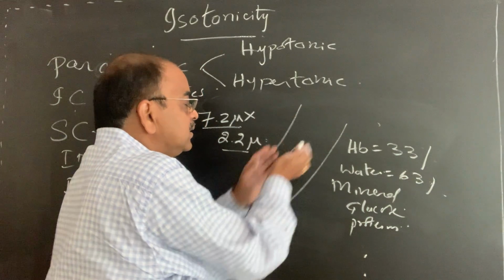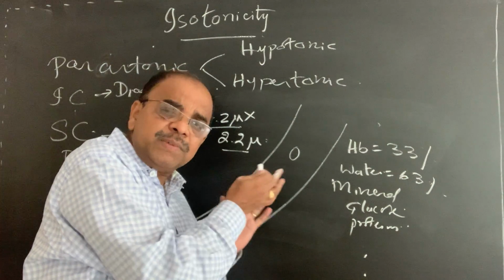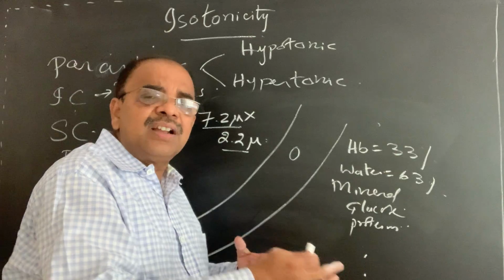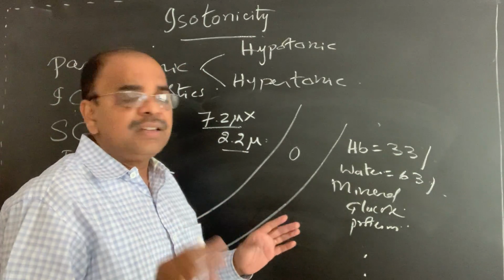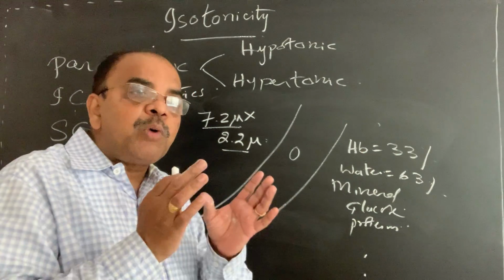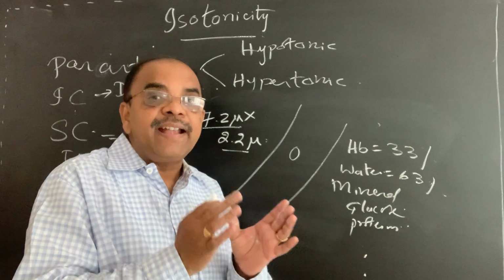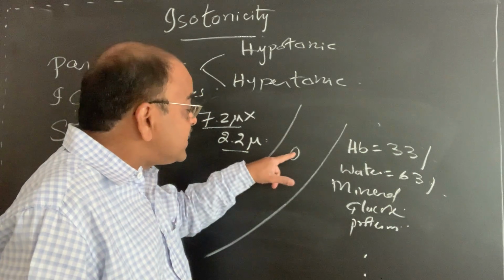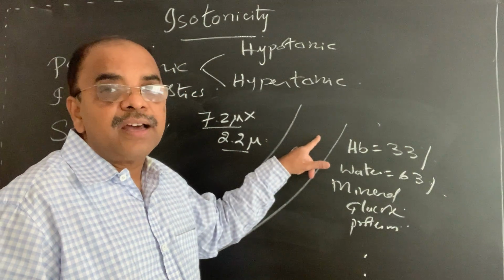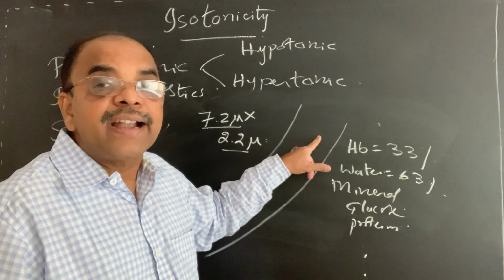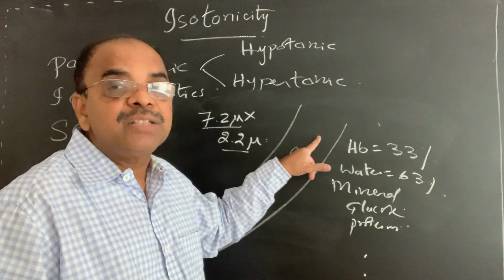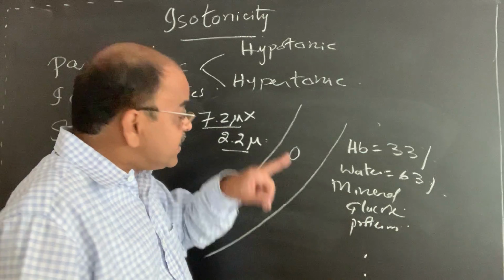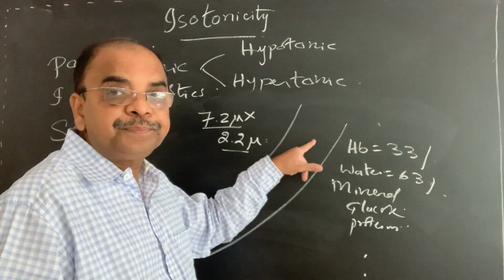Outside RBC, plasma proteins, platelets, WBC, like this, a number of things are there. Now, an osmotic condition, isoosmotic condition, is maintained between the components present inside the RBC and outside the RBC.